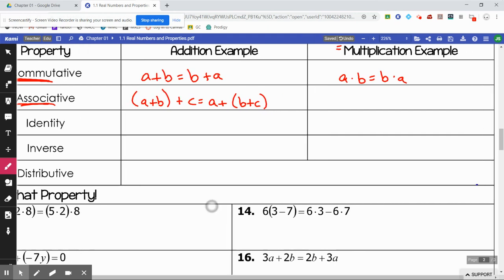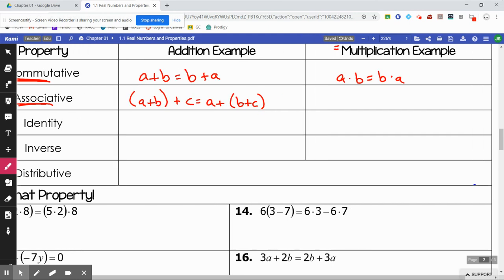So you can change. Notice the order of the numbers did not change. A, B, and C, A, B, and C. If the actual order changed, then it would be commutative. The multiplication example, a times b being multiplied by c is the same thing as a being multiplied by b times c. You can change associations there.